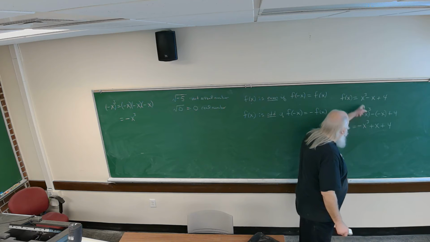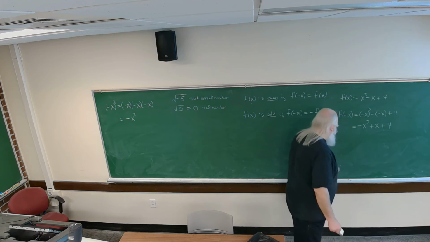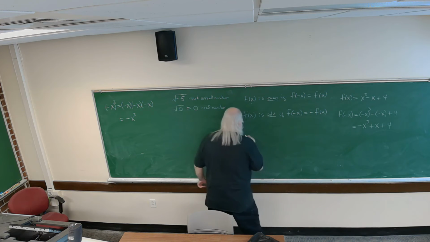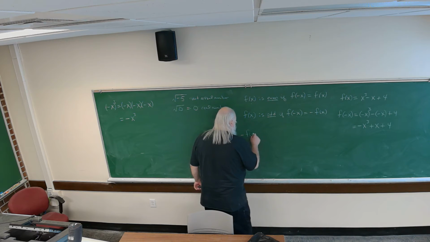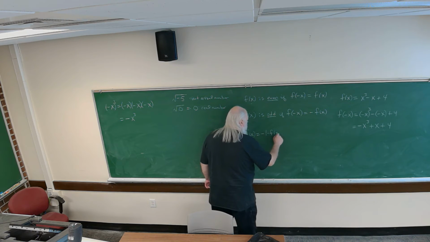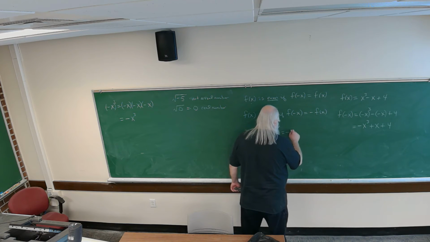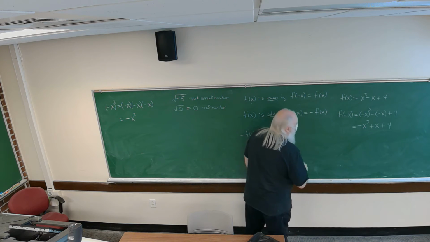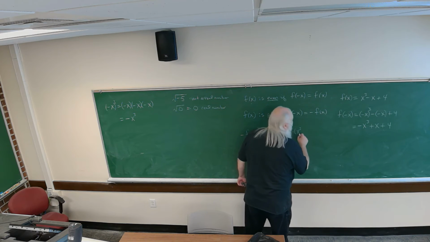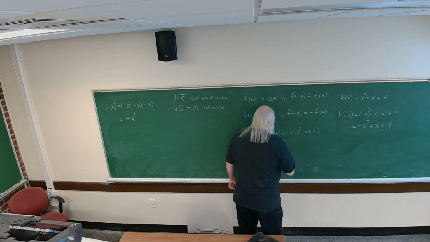Does this look like f of x? Does this look like the negative of f of x? Well, the negative of f of x is the same as minus 1 times f of x. And minus 1 times x cubed minus x plus 4, right?